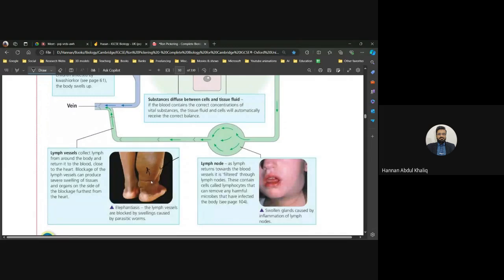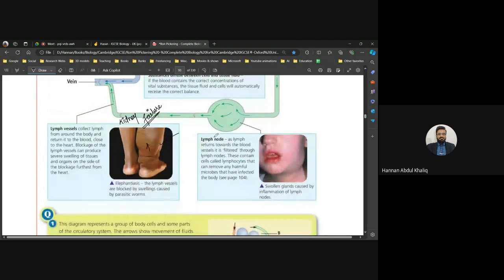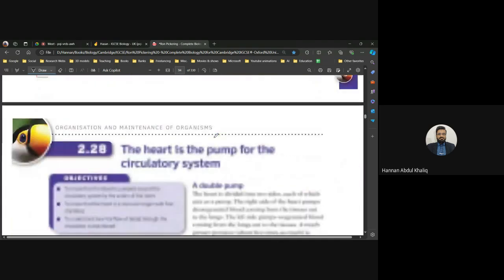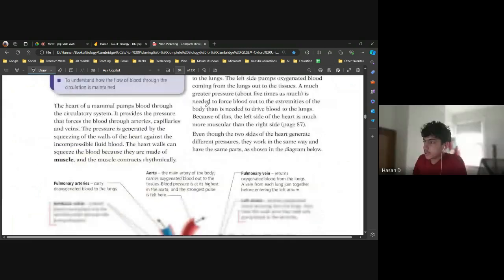This is a very dangerous situation, and most of the time it is an indication of kidney failure, not always, if a person's feet or legs are constantly swollen. Okay, moving to the next chapter.